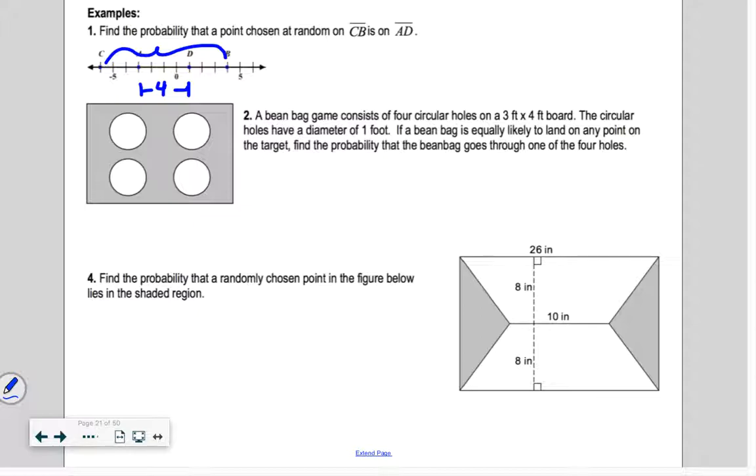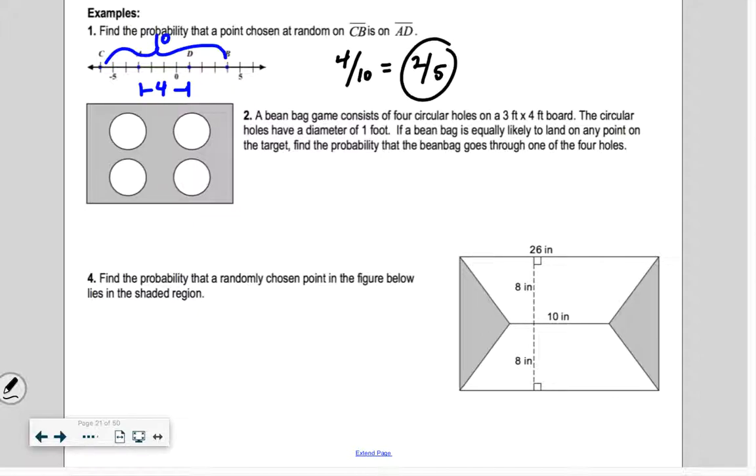So what's that? 1, 2, 3, 4, 5, 6, 7, 8, 9, 10. 10 units long. So what's the probability that if I choose a point randomly on the entire CB, it will be somewhere inside of AB? It's 4 out of 10, which is indeed 2/5. Okay, that's easy enough. Do you guys understand that? It's not a hard concept.